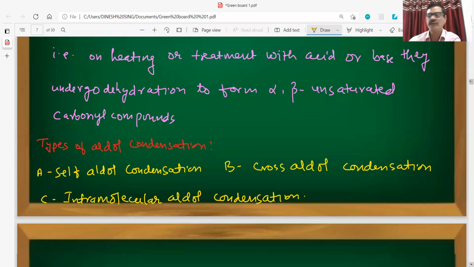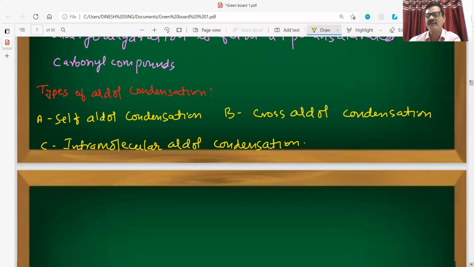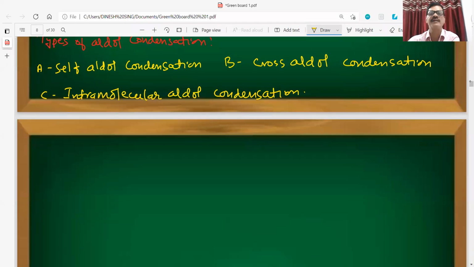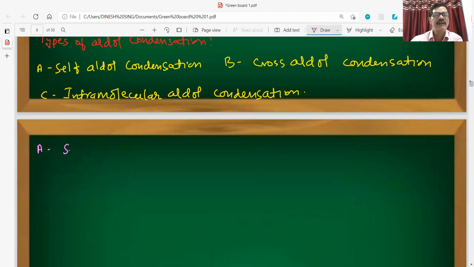The first one we have already discussed. One more example we can consider of self aldol condensation.